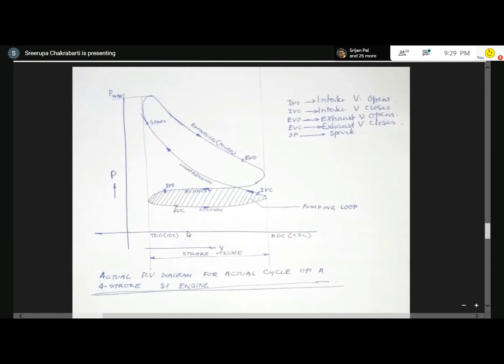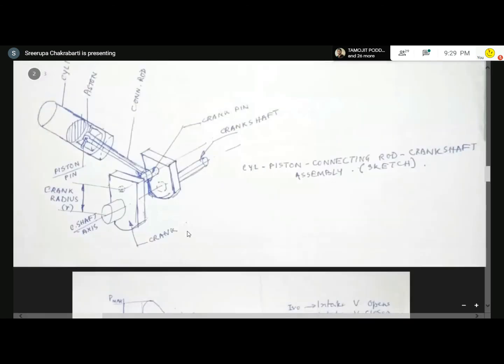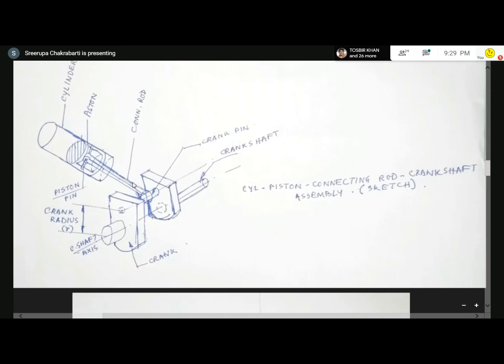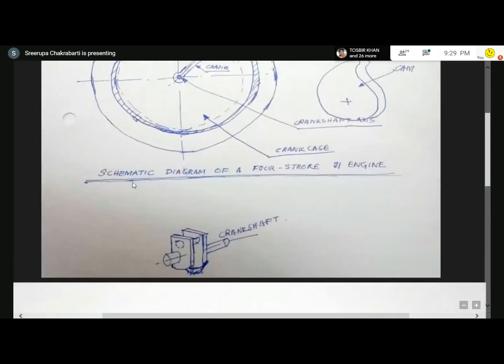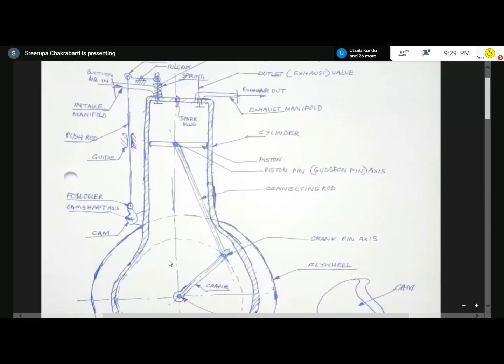What I am telling is that every volume here corresponds to some angle here. So for any volume, you can plot a theta.